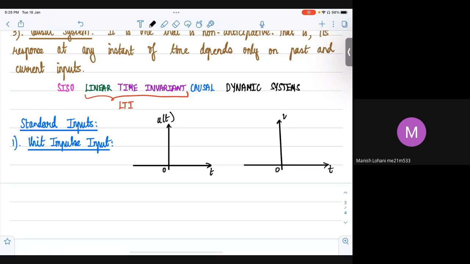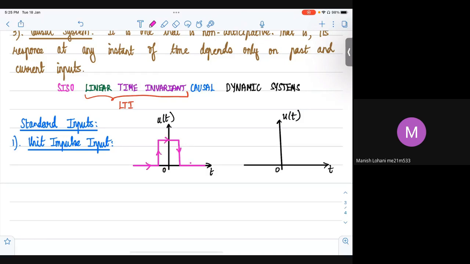Let us say in the first plot, the signal is 0 till this point, and then it increases like a pulse, stays at a constant value, falls back to 0, and then goes on. So this is my signal.